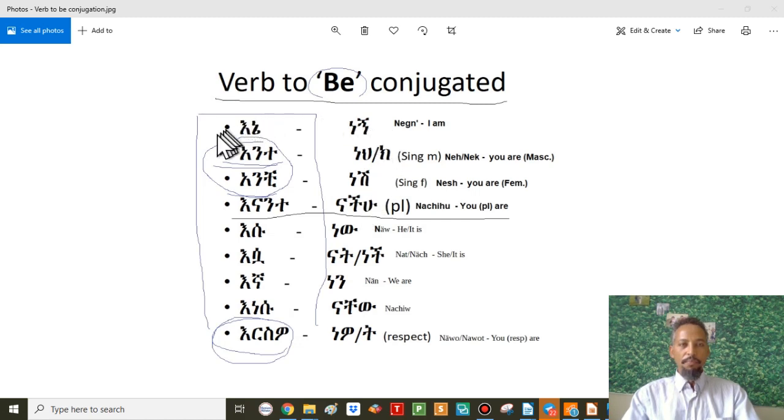So the verb to be is this simple, but it's very basic because this gives you a principle or a pattern for conjugating other verbs with the different subjective personal pronouns. So the ni all the time goes with any. So for example, ስጠኝ, give me, ፈልገኝ, find me, ንገረኝ, tell me, ni.